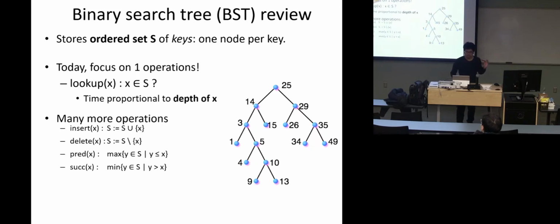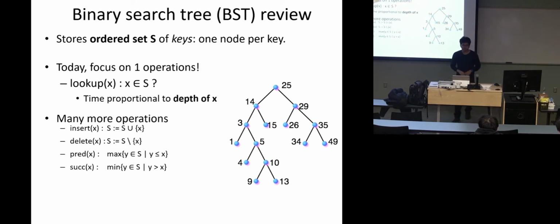So let me review a bit what a binary search tree is. Everyone knows, but let me review it. A binary search tree is just a binary tree such that each node has some value on it. If you look at any node, everything in the left subtree must be less than the key here, and everything in the right subtree must be more than the key of that node.